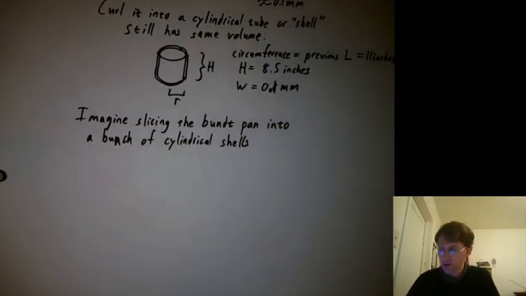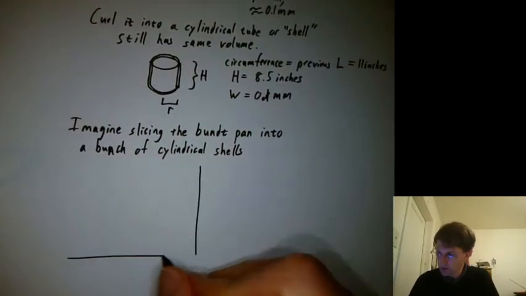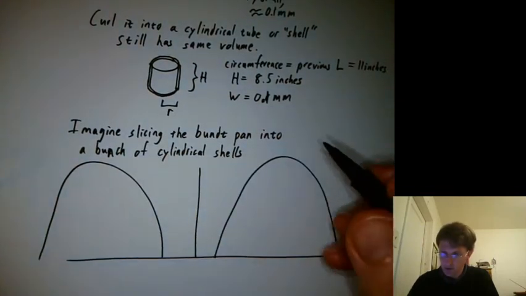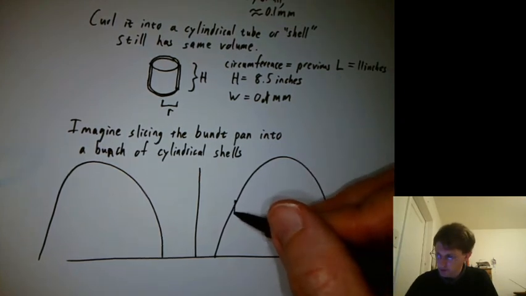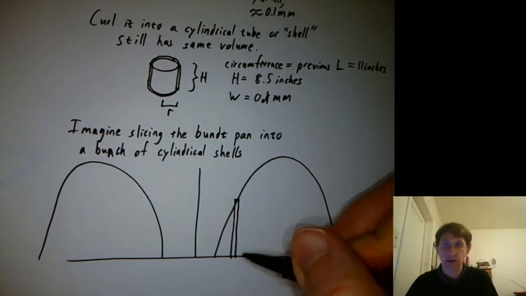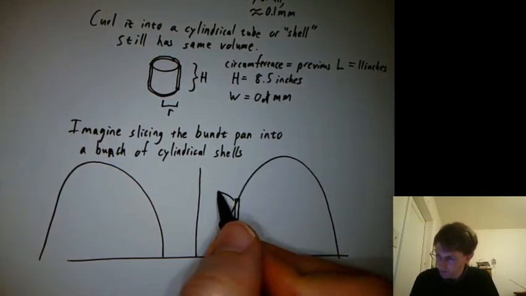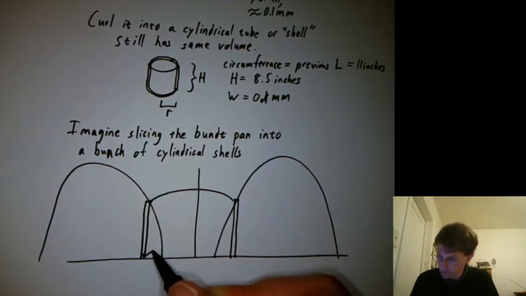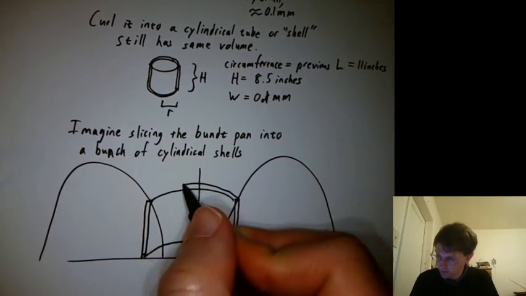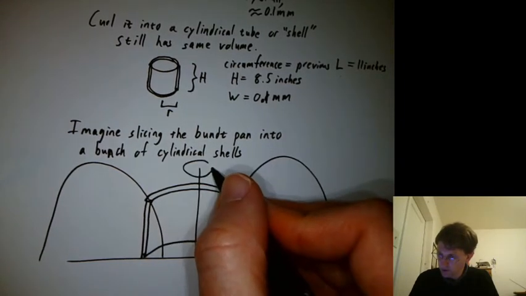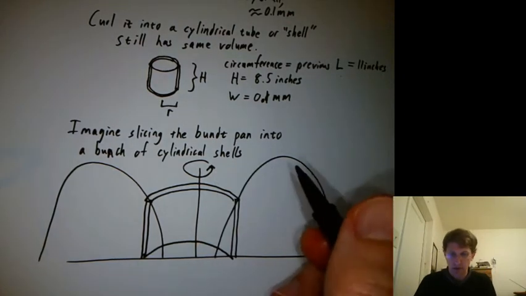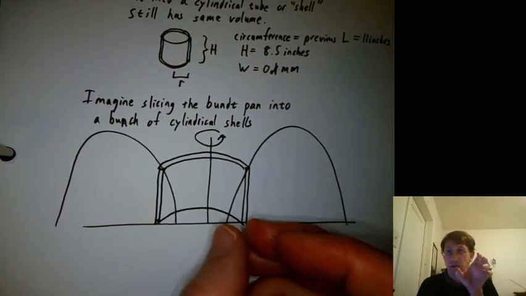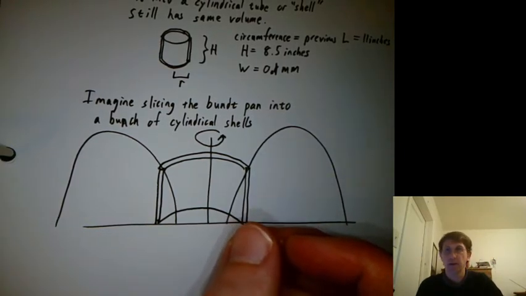So now let's draw our bundt pan sliced up that way. So now we're saying take a slice here, which is like an edge-on view of the piece of paper, and rotate it around like that. Now we're rotating around the y-axis. So what's the volume of this shell? Not this part inside the shell, but like the paper itself or the Dixie cup surface.